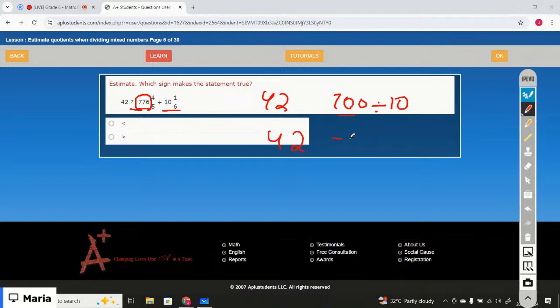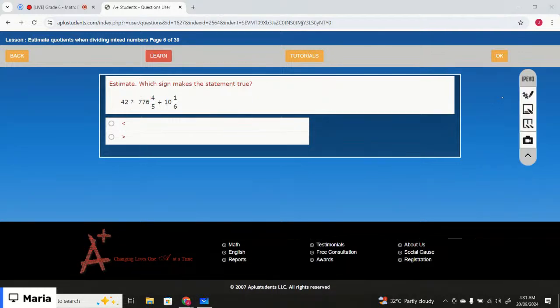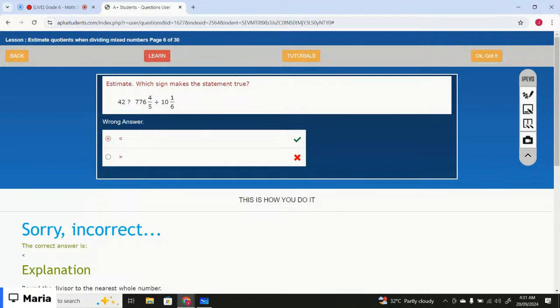So 42 is greater than 70. So the correct option is greater. Option number 2 is the correct option. Oh yes, 42 is less than 70.